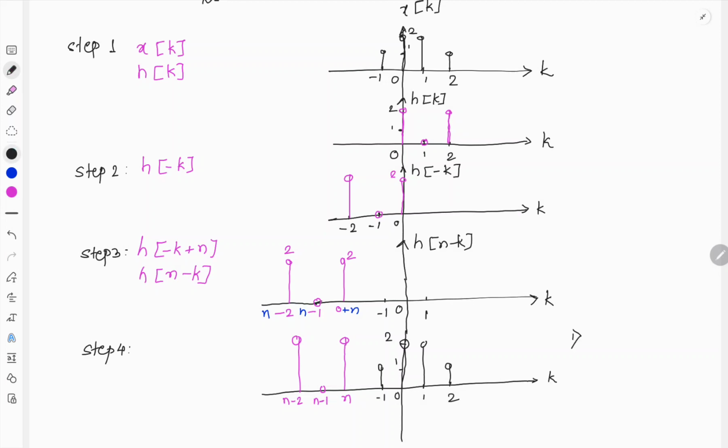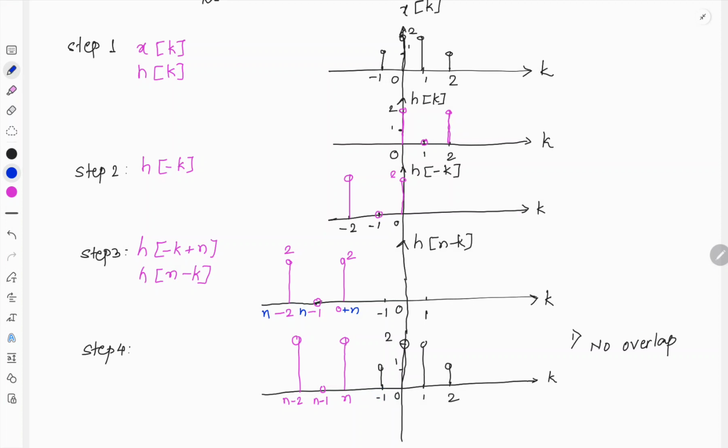So at the first condition, there is no overlap. So this overlap doesn't exist for what condition? Until this n is less than -1, we will not have any overlap.